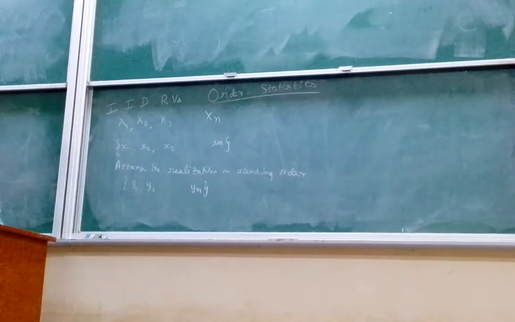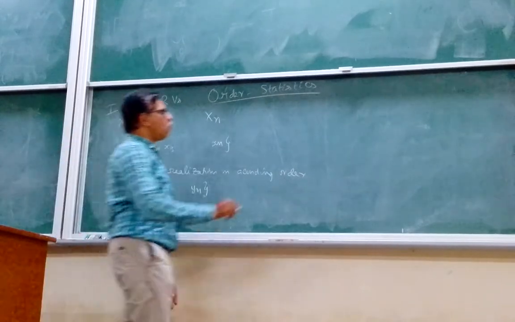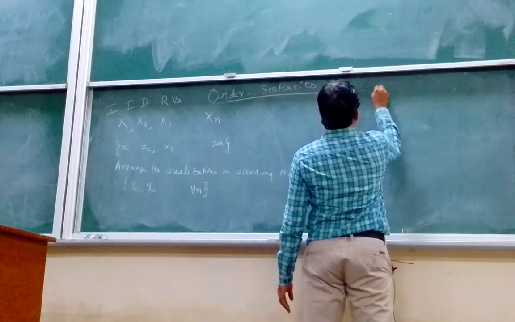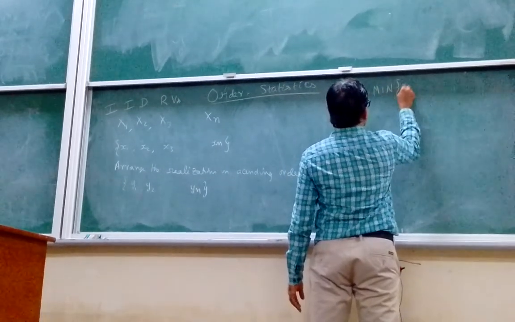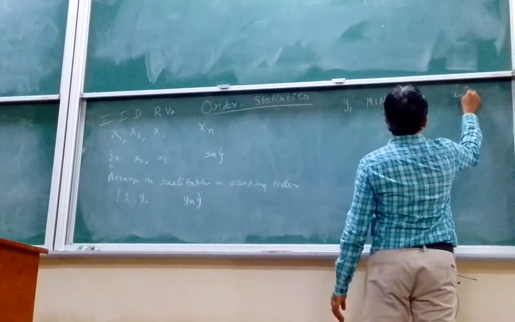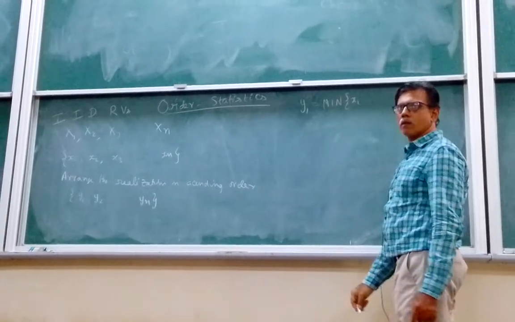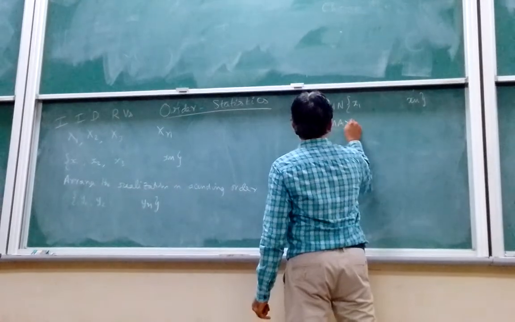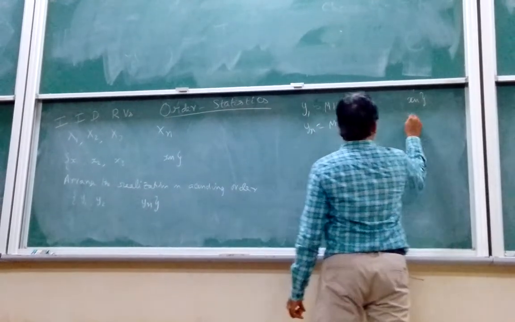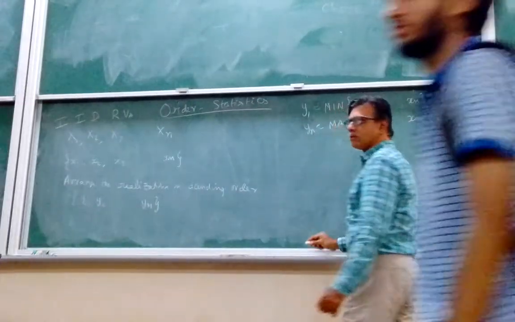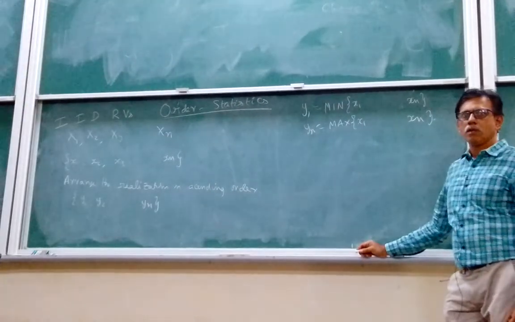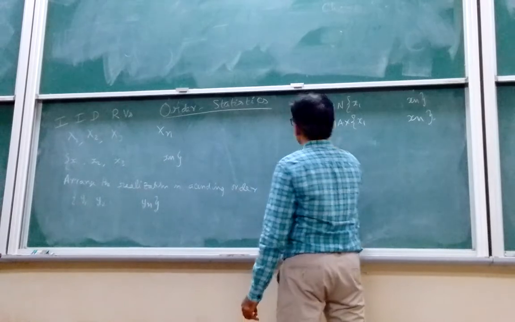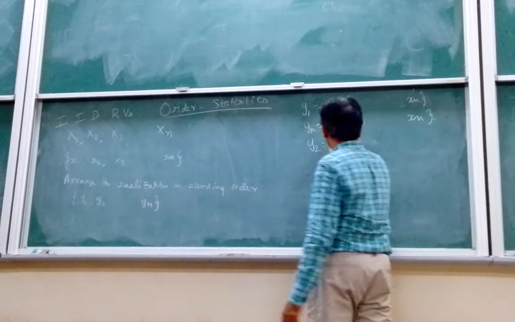By that what we mean is y1 is equal to the minimum of x1 to xn, yn is the maximum of x1 to xn, and y2 is the second minimum.